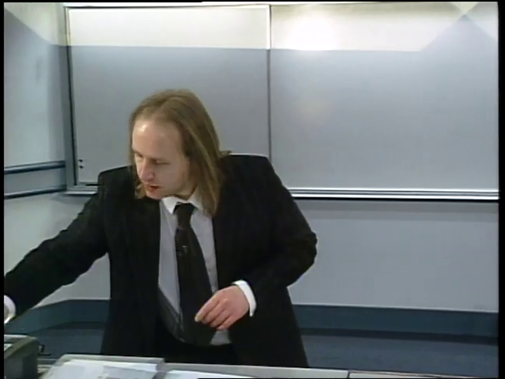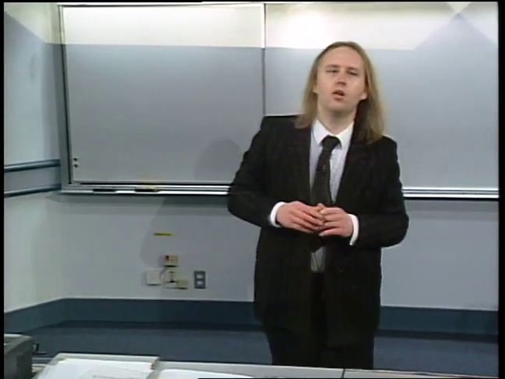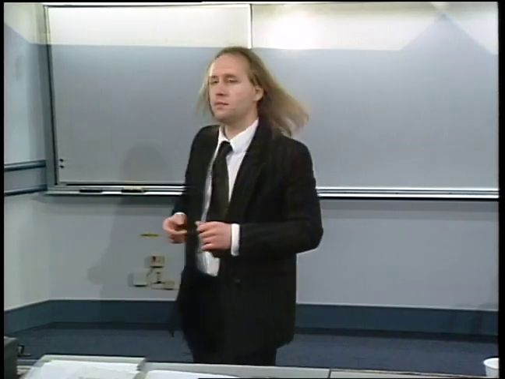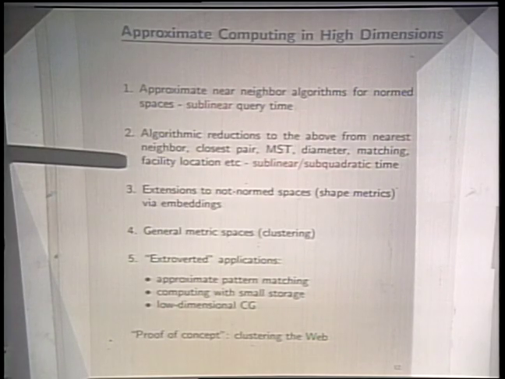In the second part, we'll make use of the algorithms from the first layer by reducing a large class of other computational geometry problems to the near neighbor problem. Our reductions will have very small overhead. So in particular, if we can solve near neighbor well, we can solve the other problems very efficiently too.